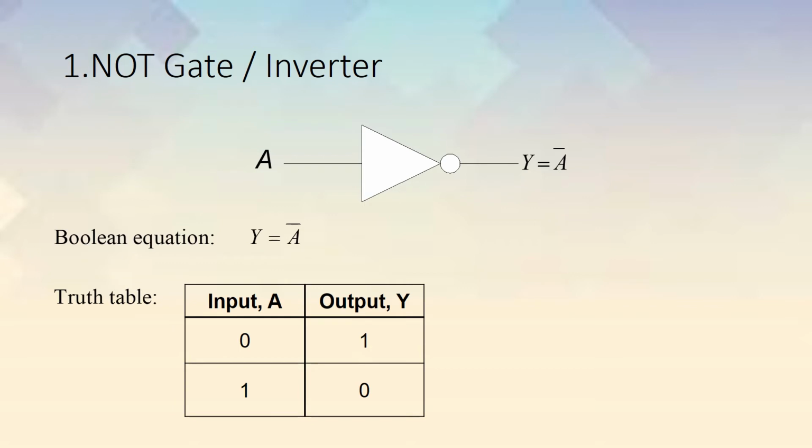Look at the input. We have two possible input values. If the input is 0, the output must be 1, because the input value must be inverted to get the output value. If the input is 1, the output must be 0.